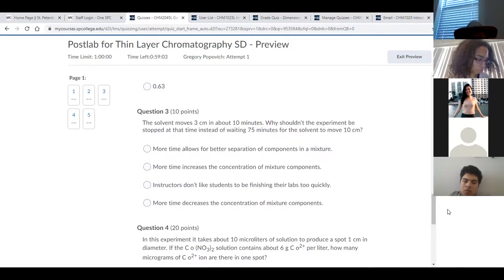All right. Okay. Question. The solvent moves 3 centimeters in 10 minutes. Why shouldn't you stop it at that time? Anybody have an answer for me?